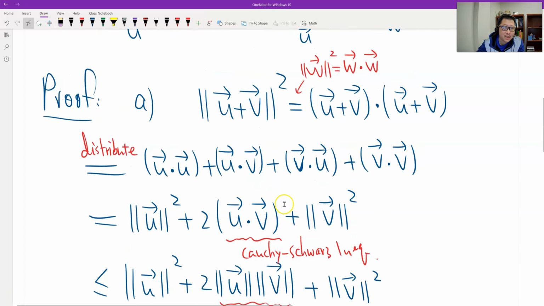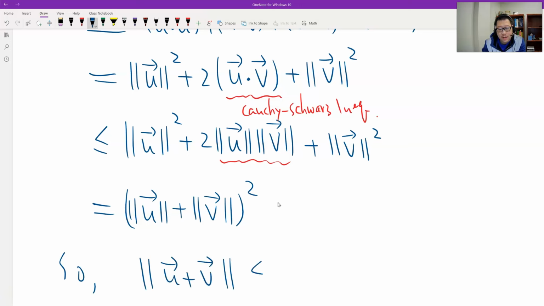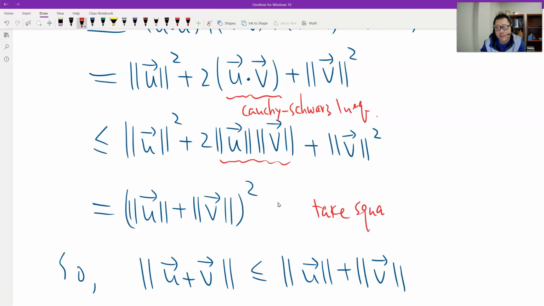Okay, see what we get? We get the square of the sum less than or equal to the square of the sum of the norms. We take the square root, so the norm of u plus v should be no more than the sum of the norms. You take the square root, and because both are non-negative, you don't need to put the negative there.